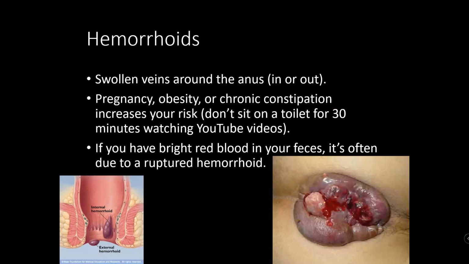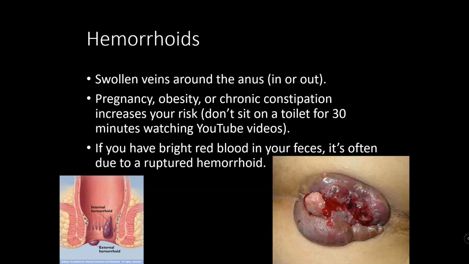Hemorrhoids. Hemorrhoids are similar to varicose veins, only it's in a specific location, but it's swollen blood vessels directly around the anus. They actually have a fairly similar cause too. When people become obese, or pregnant, which is sort of a weird weight gain type of thing, it increases pressure in the abdomen. This can also happen as a result of chronic constipation.